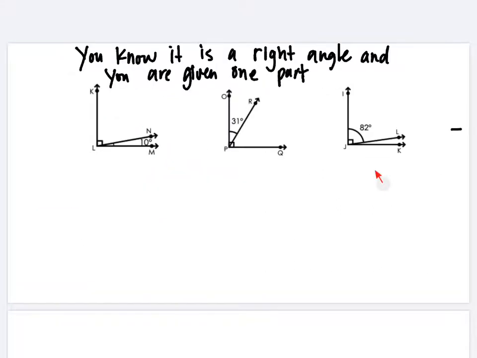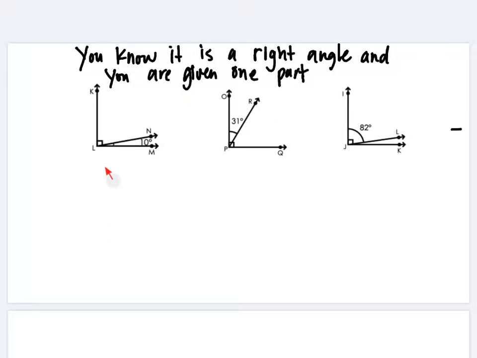The last type of adjacent angle problems you'll deal with is one where they give you a right angle, and we know it's a right angle because of that little box in the corner. So they give you a right angle and one of the parts. You have to find the missing angle part.